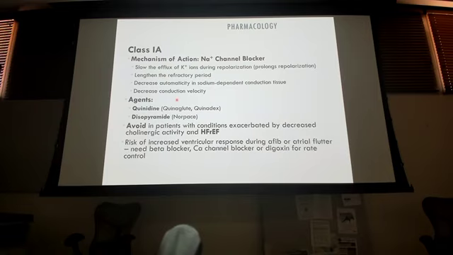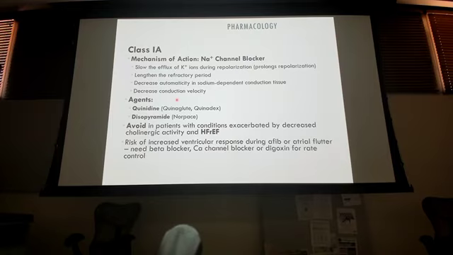So this is what I was saying, where some of these older drugs, like these rhythm control drugs, can be pro-arrhythmic, they can cause more arrhythmias to occur in your patient. So just being aware that if somebody has AFib, flutter, we need to be more cautious. And those are things that you're going to learn about as y'all continue to go through cardiology, okay? Y'all will get a heavy dose of learning the difference between all of these.